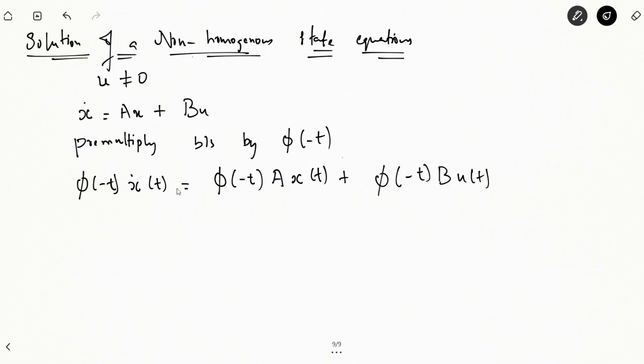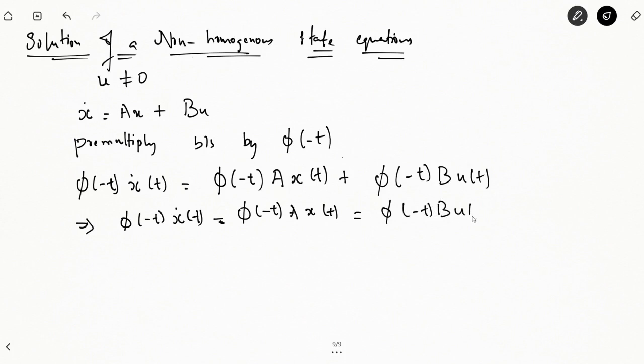And if we take this term on the left hand side, phi of minus t x dot(t) minus phi of minus t A x(t) is equal to phi of minus t B u(t).